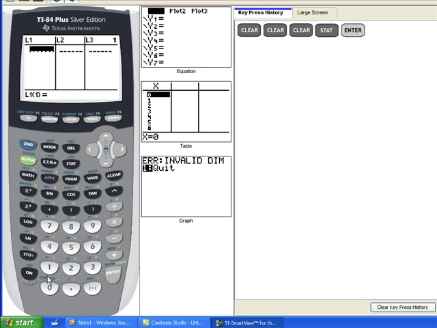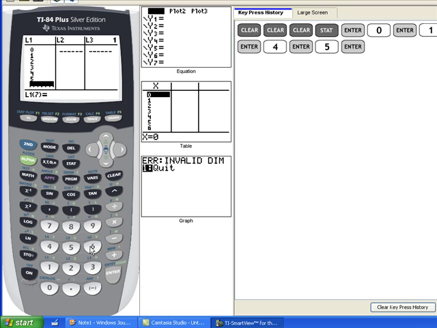Then in the second column, we want to insert the probabilities. For the 0 plus, we just put in a 0, and we continue on down.